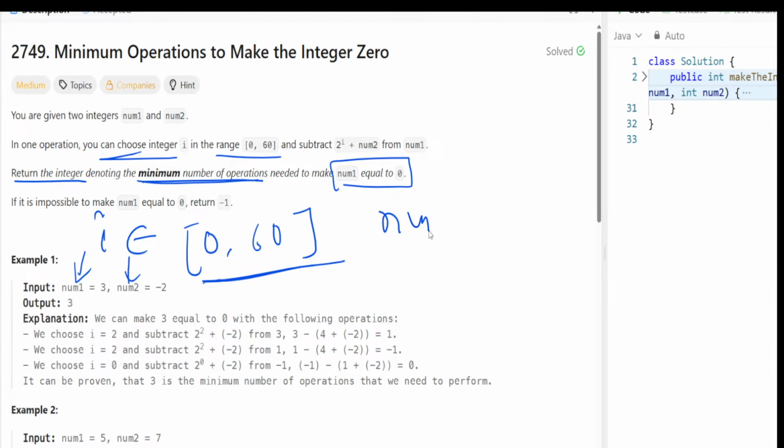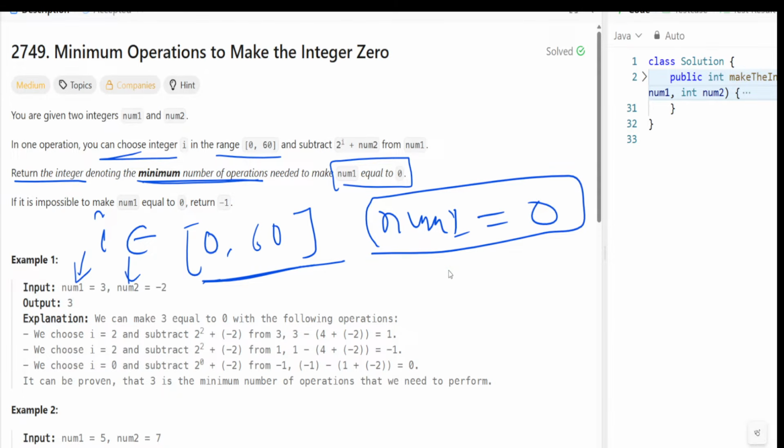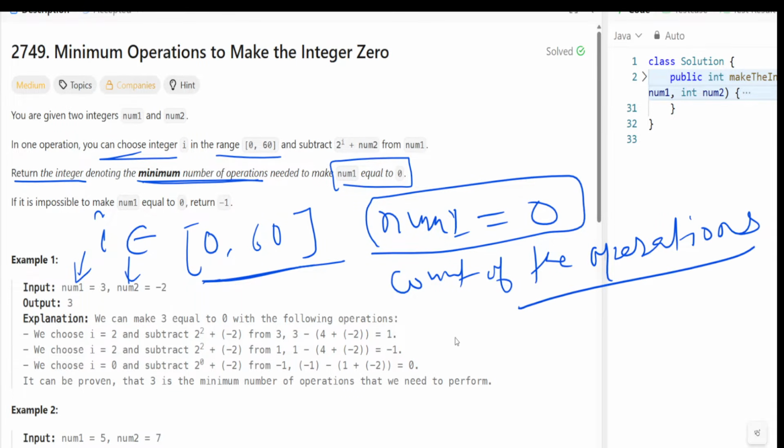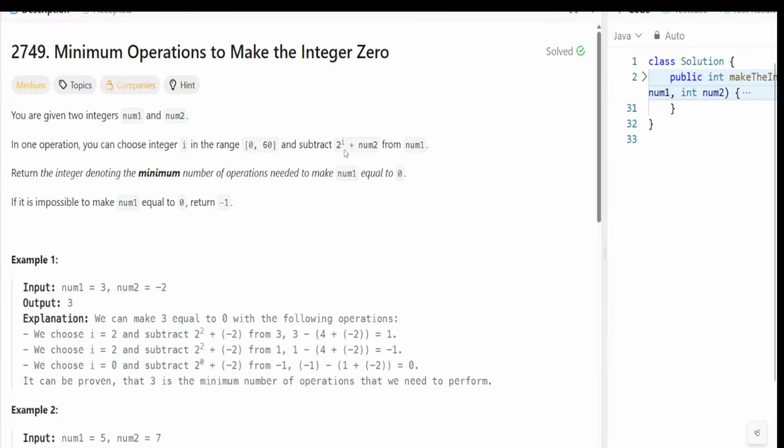It means how many operations are required, so give the count of the operations that you performed. If it is not able to do this job, return -1. I hope you understand. There are some technical terms, mathematically, that we should understand before going further.